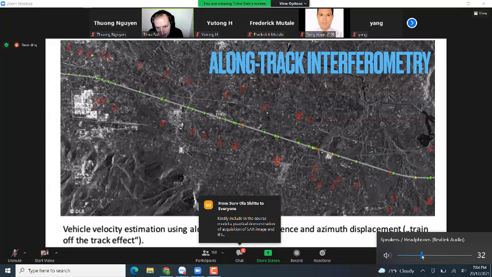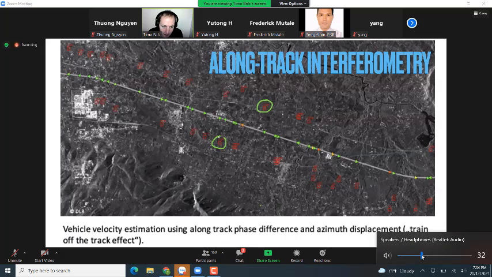We find the cars in the water, and similar here. So this would be the car that we measure. You see these red ones. They are displaced away from the road, right? And normally we couldn't find them because they're somewhere mixed.